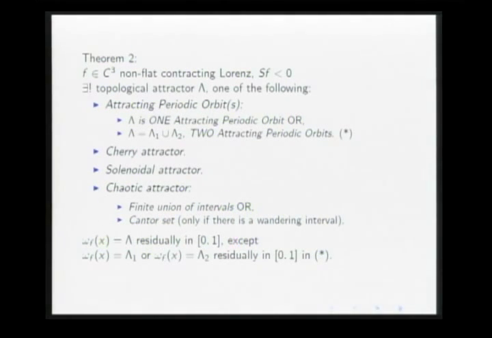Okay, then in this case we will have one topological attractor, only one topological attractor. That would be a Cherry, a solenoid, a chaotic. Chaotic can be a cycle of intervals or a Cantor set with a wandering interval, except everything will be only one and transitive, except in this case that can be one periodic or two periodic. Of course, this here, each part, them together, this one will not be transitive because you have two different pieces here. Okay, so this is the classification we can have for when we have negative Schwarzian derivative.